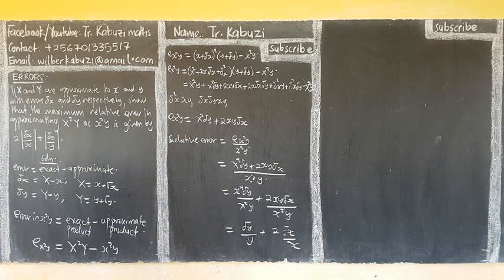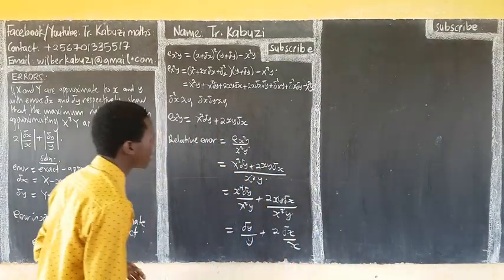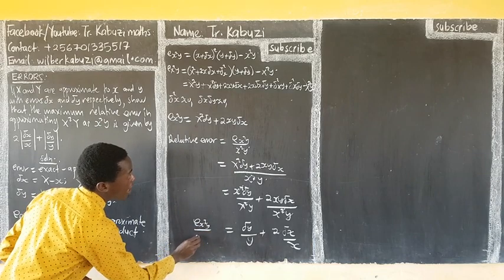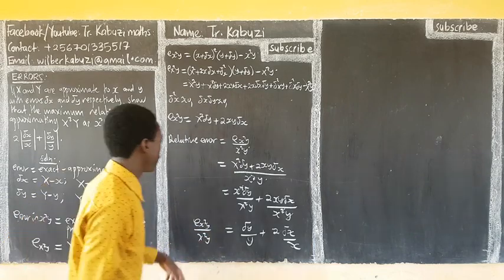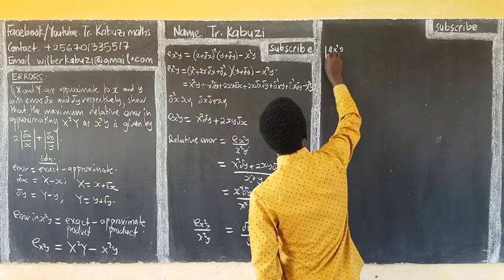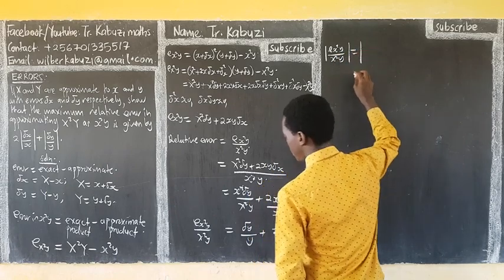So from there, we want to get the maximum. The relative error is equal to e x squared y over x squared y. If we introduce the modulus on both sides, we'll be equaling the modulus of this.